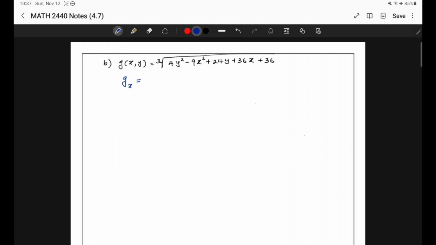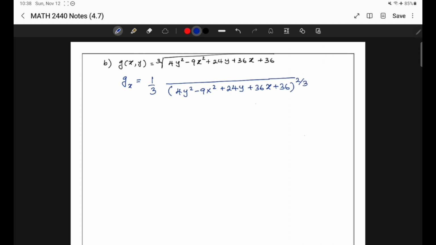Okay, so with respect to x, you will have to use the chain rule, where this is the 1/3 power. So when you find the derivative, it will be 1/3 times this whole thing, 4y squared minus 9x squared plus 24y plus 36x plus 36, raised to the power 1/3 minus 1, negative 2/3, using the power rule.